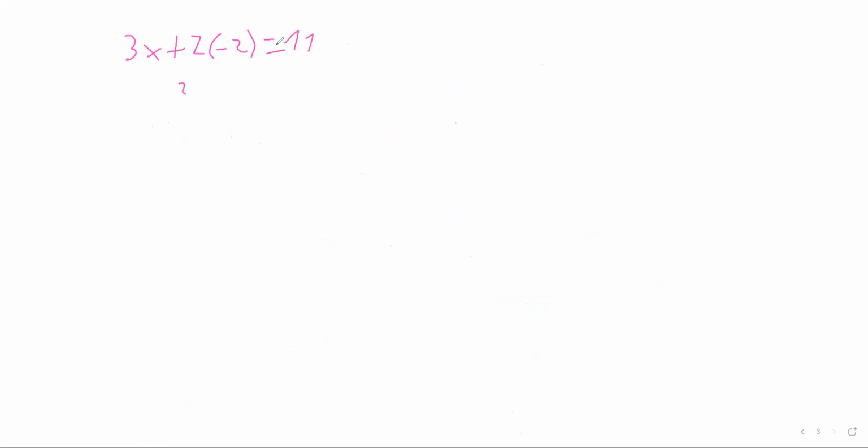And then this gives us 3x is equal to 11 plus 4, which is 15. And then if you divide by 3 on both sides, you will get x to be 5.